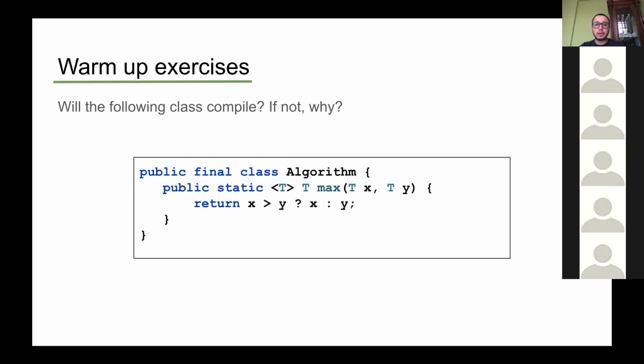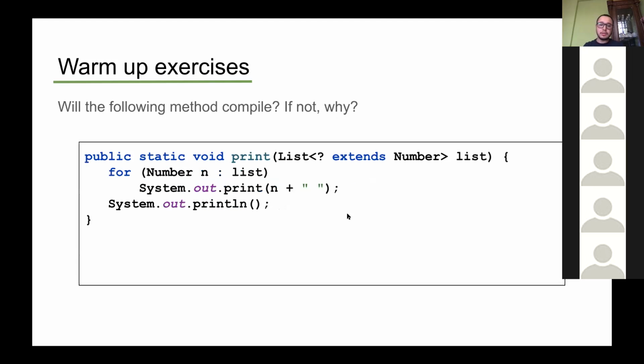So this code will not compile because of the wrong syntax here. Okay, thank you, guys. Now let's move on. What about this code? What do you think? Will this code compile? If not, why?